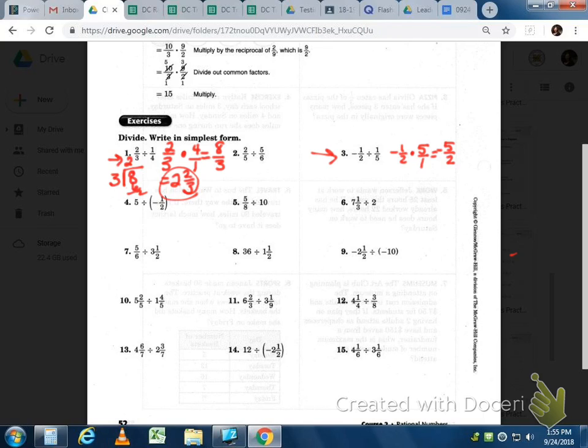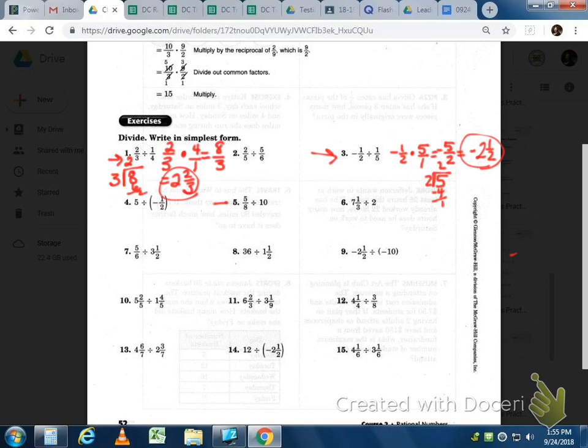Negative 5/2, but what's wrong with that? You've got to make it a mixed number. So 5 divided by 2. Yeah, so my final answer? Negative 2 1/2.